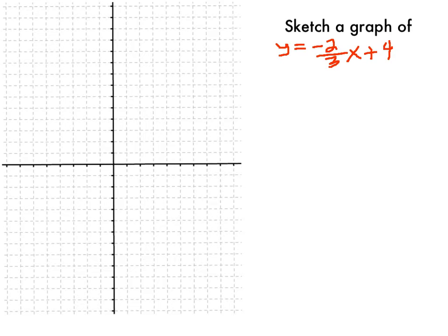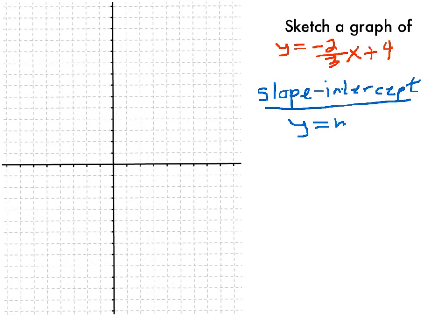But we now know a particular type of linear equation, and that is when it is in slope-intercept form. Slope-intercept form is a linear equation in the form y equal to mx plus b.